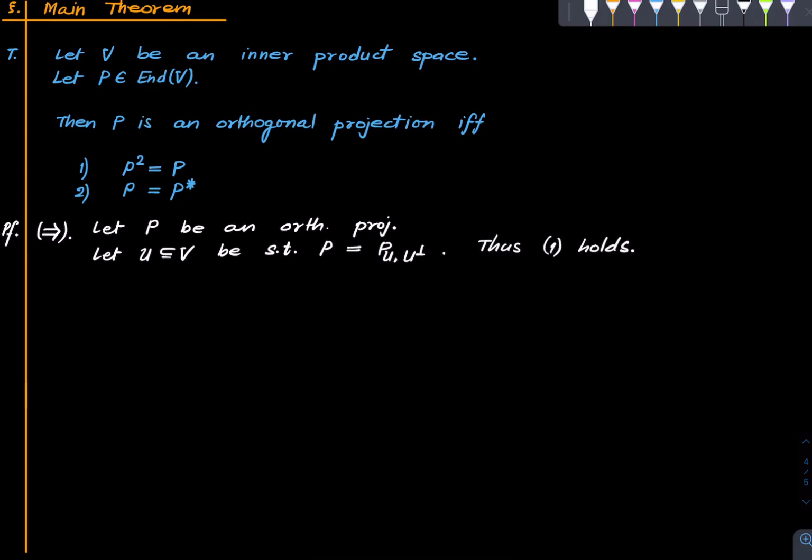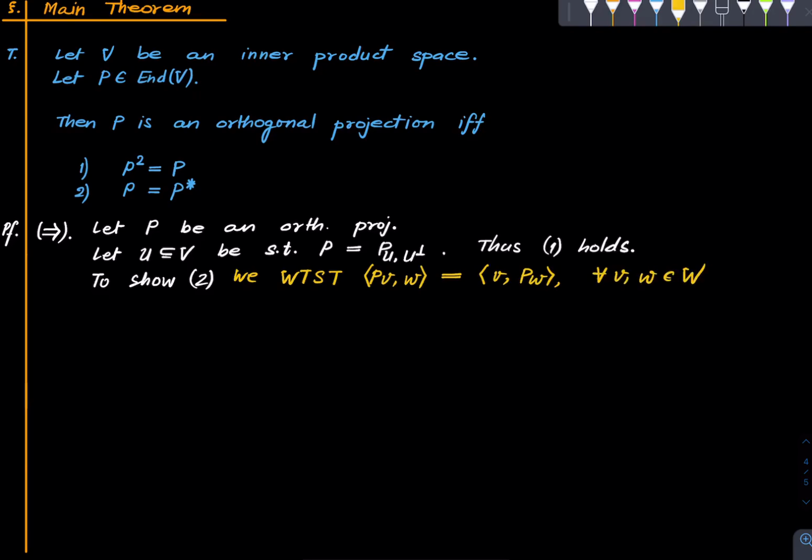We will be proving 2. So to prove 2, we want to show that the thing in yellow holds. Right, this is what we need to show to prove that P is its own adjoint.